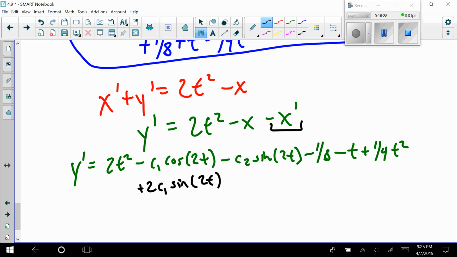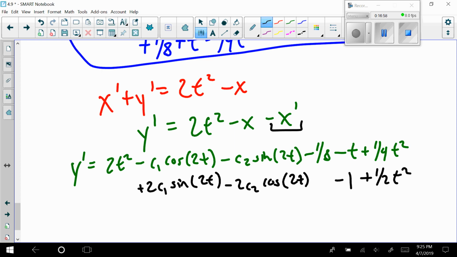Then I would have, okay, this would be derivative of sine. Well, it's going to be a negative 2c sub 2 cosine of 2t. Would I need to change that negative? No, because the derivative of sine is cosine. Then I'd have negative 1/8. That actually goes away. This would be a negative 1. And then this one would be a positive 1/2 t squared.